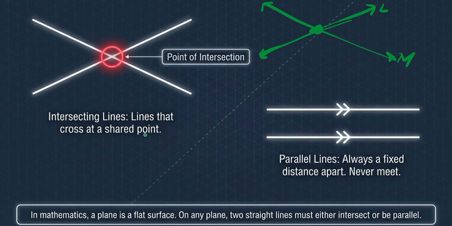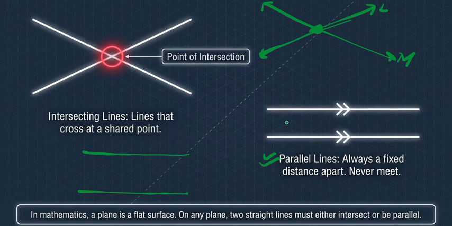Okay, next is our parallel lines. What is a parallel line? You have seen a railway track. The railway track is like this. They are not meeting at a point. If they met, the rail would collide.